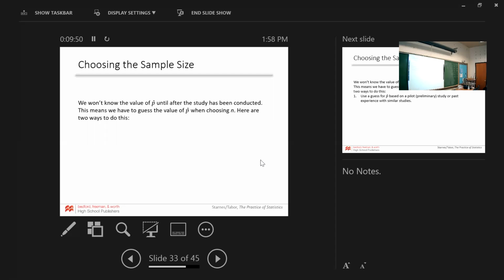Now, why is that? To get this. I've got P hat times 1 take away P hat. Yes? And that's the numerator for the margin of error under the root sum. I want that to be as large as possible, because then I won't mistakenly underestimate the sample size.